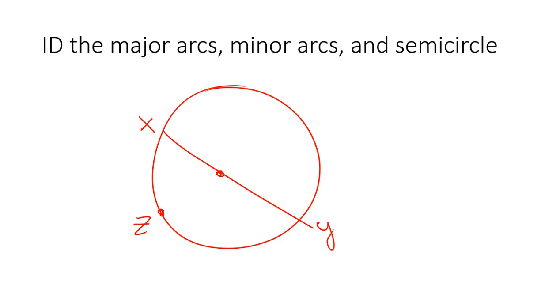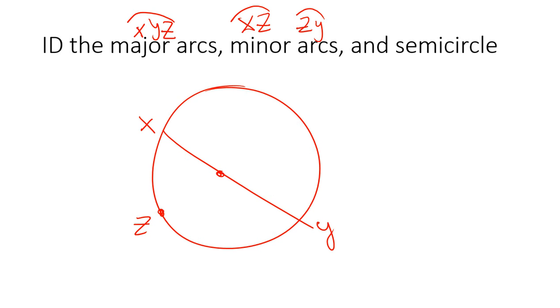You could go x, y, z, which would be a major arc. Also y, x, z would be a major arc. Minor arcs, there are two you could choose from: xz would be one, or zy. You can reverse these letters, so if you said yz, it's still acceptable.